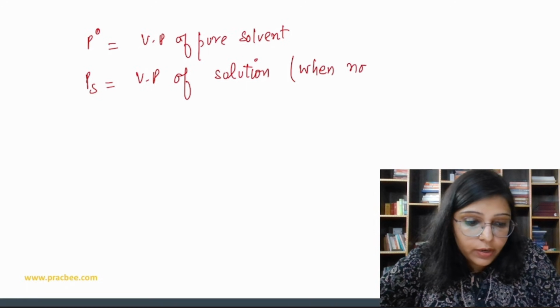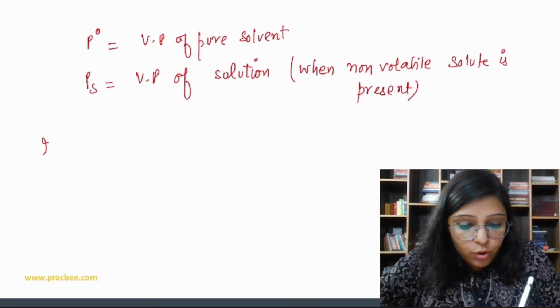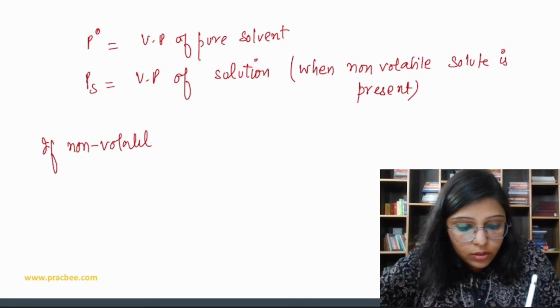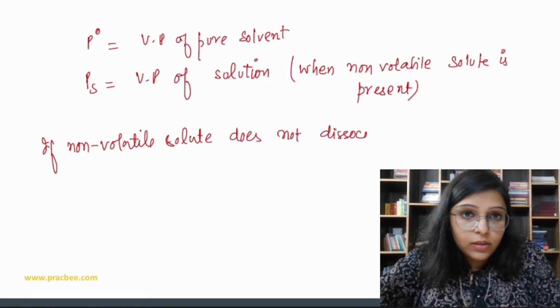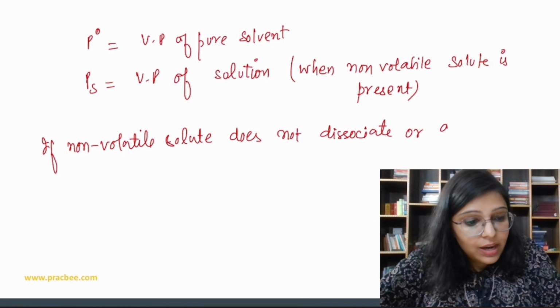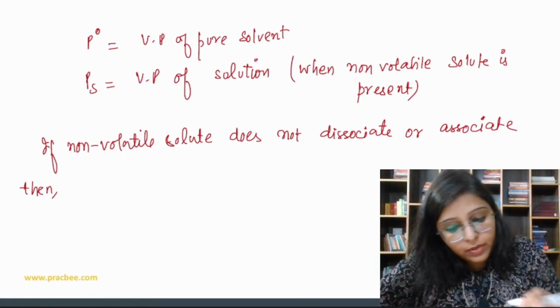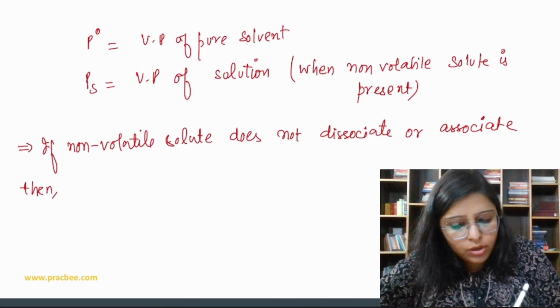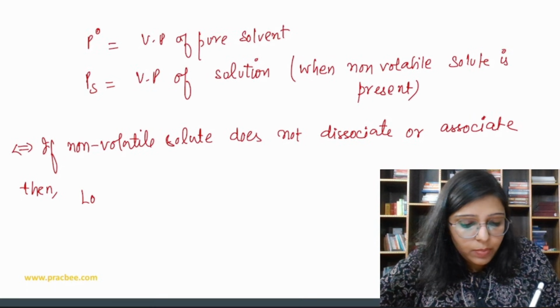If the non-volatile solute does not dissociate or associate, then first of all, what is lowering in vapor pressure?